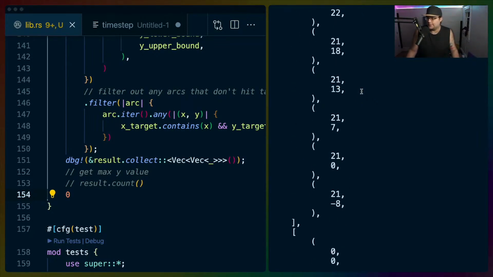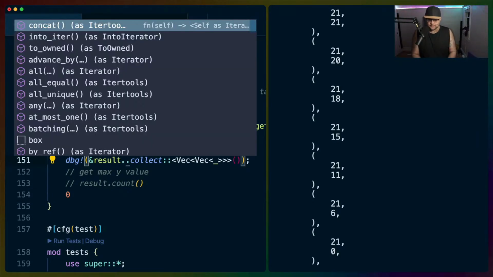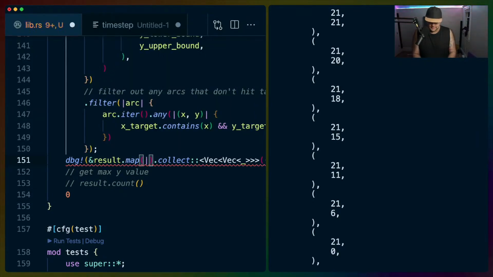This is all of the arcs. So let's do one more thing here. Let's do that map point. Actually, let's just do dot map arc dot first. I guess just dot next, right?